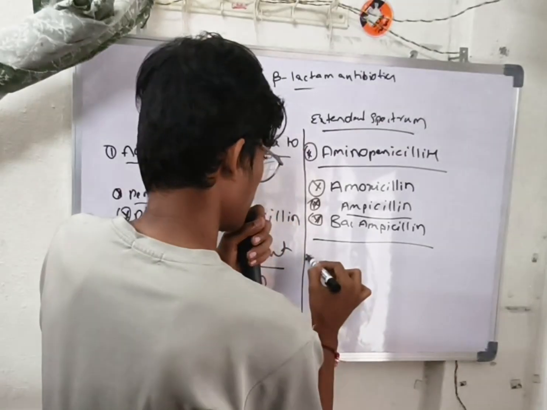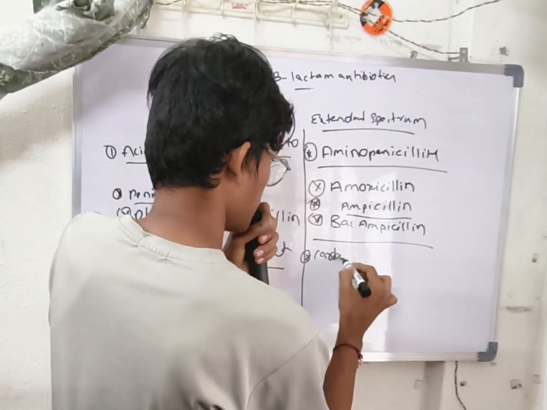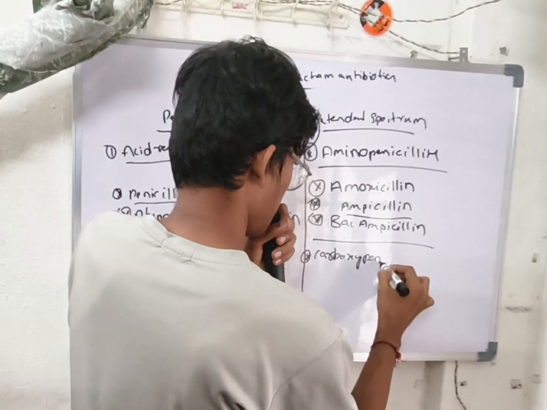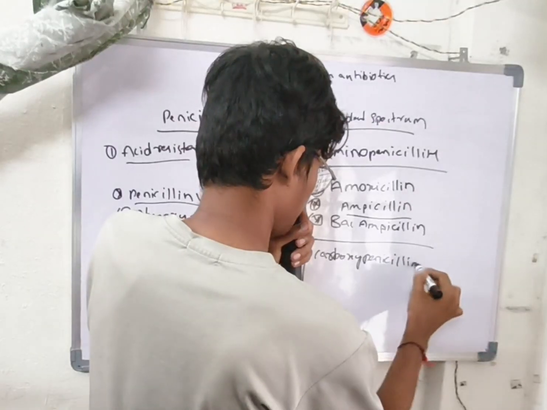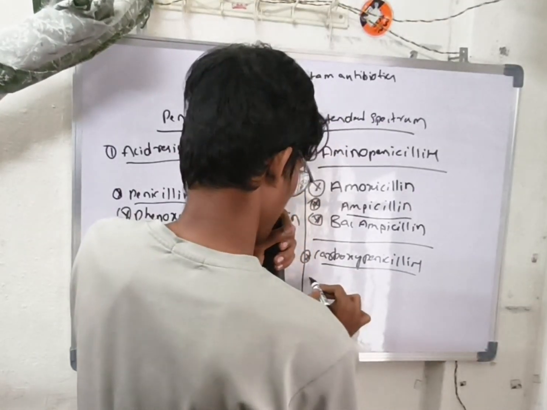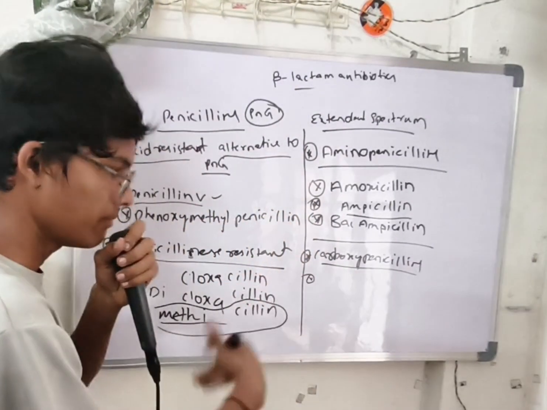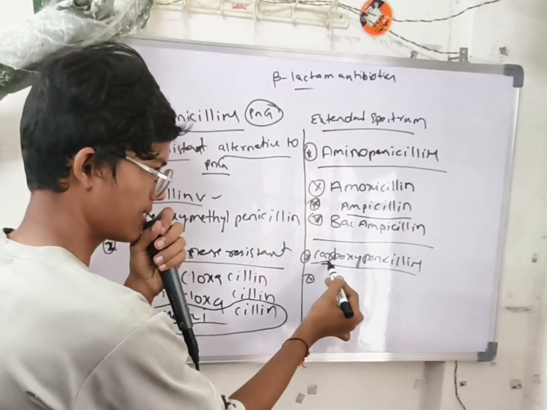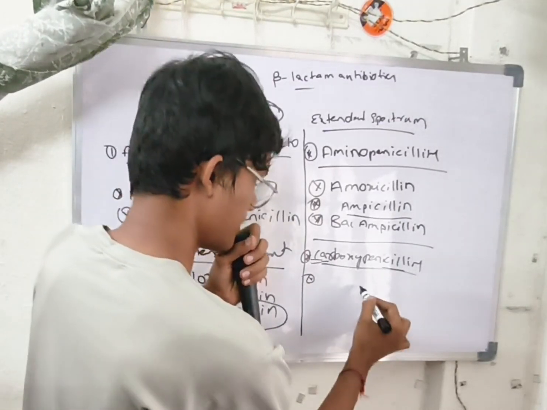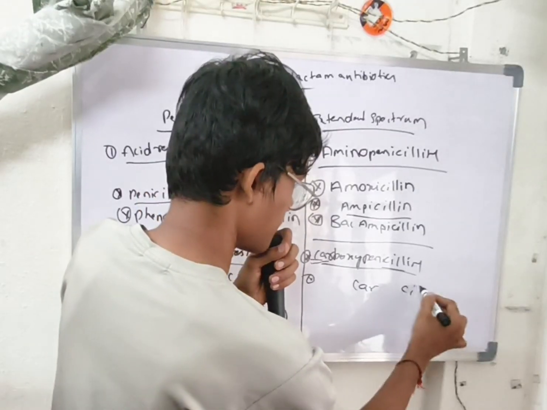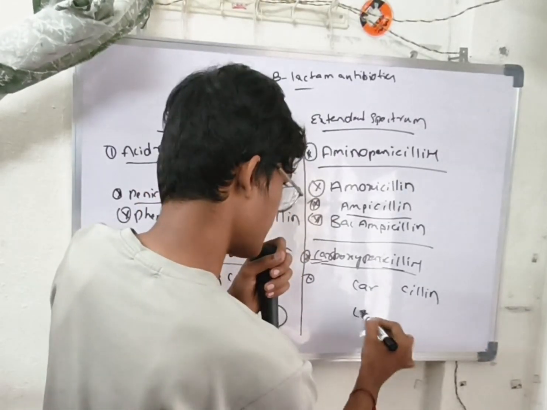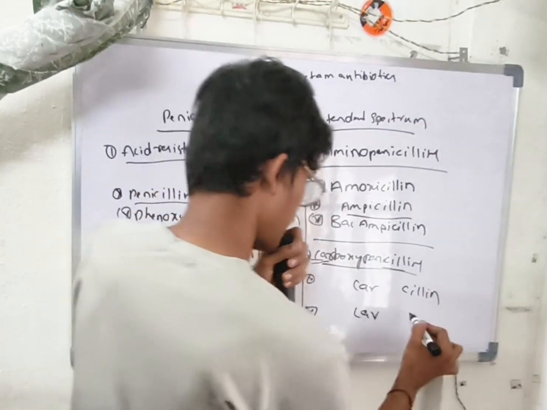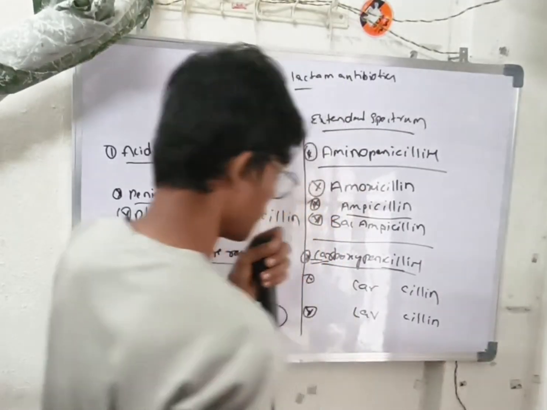Next we will go with carboxypenicillins. From this name only you can remember that car is there, and cillin is there. So write car, cillin, and in the second also write car, cillin.